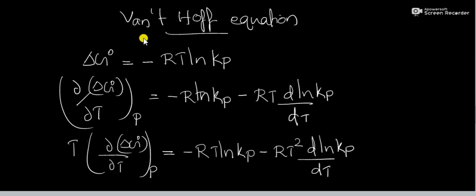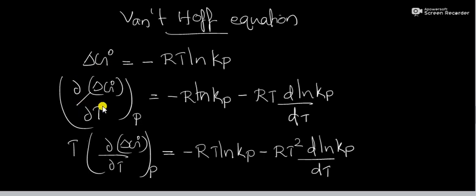Next is a very important derivation, that is temperature dependence of equilibrium constant, or it can be called Van Hoff equation. We know that delta G0 is equal to minus RT ln Kp. That is already we derived the relationship between the equilibrium constant Kp and standard Gibbs energy change, delta G0.